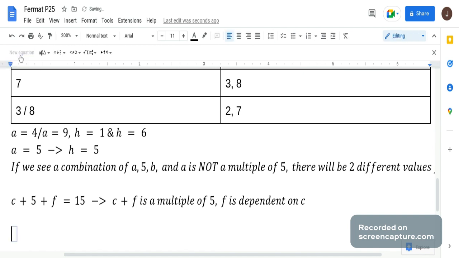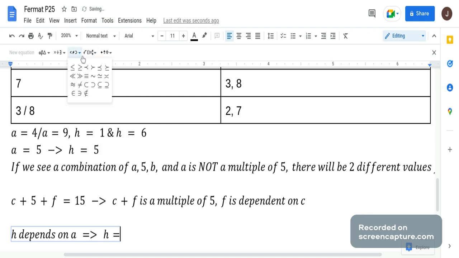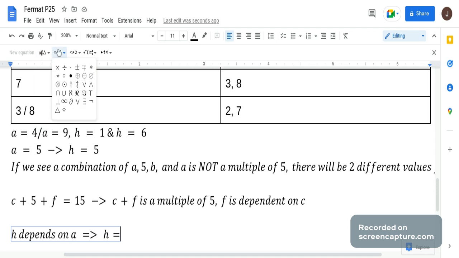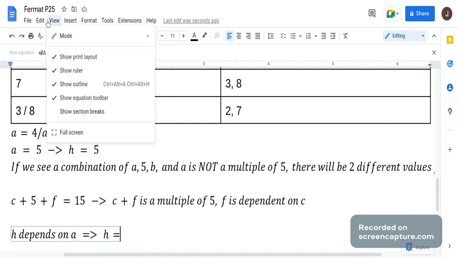So we need to make a notation first. H depends on A would be another symbol. Just wait for a sec, I'm choosing what format. Where's the insert?